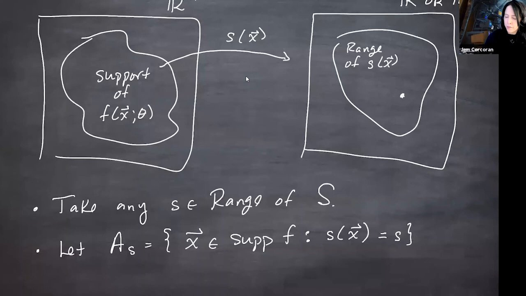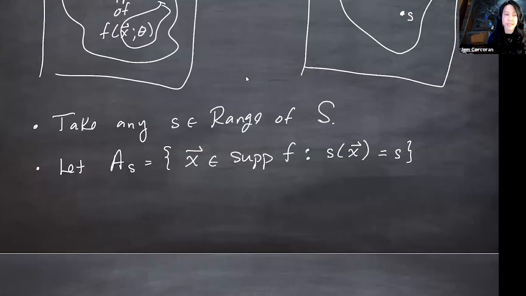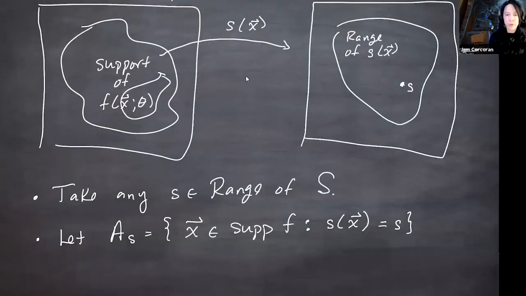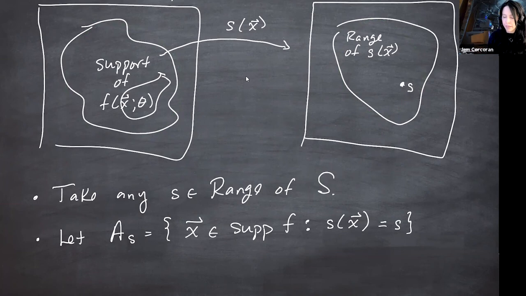So the pre-image of a point little s, everything that maps to it, might be some set over here that maps to that point. So note that the collection of these sets, they partition the support of f, because every point in this blob goes into this blob. And because it's a function, the pre-image of two separate points are going to be disjoint sets.